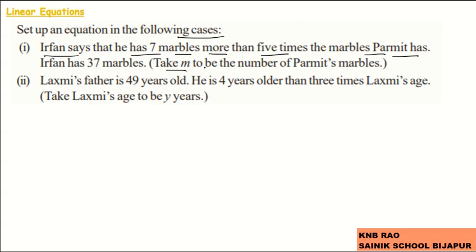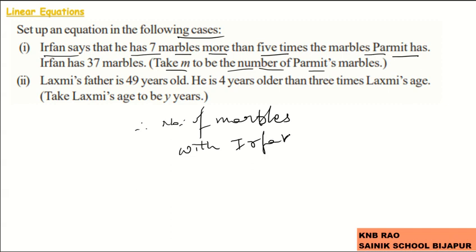If I consider m to be the number of marbles with Parmit, therefore the number of marbles with Irfan becomes 7 marbles more than 5 times.